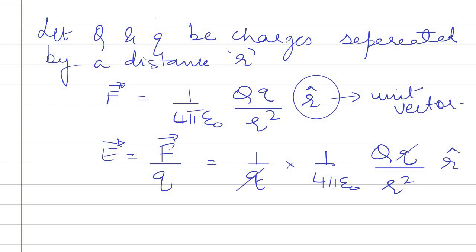Obviously q would get cancelled and E bar would be equal to 1 by 4 pi epsilon 0 Q by r square into r cap. Okay, so this is a very important relationship which we have developed between charges and electric field.